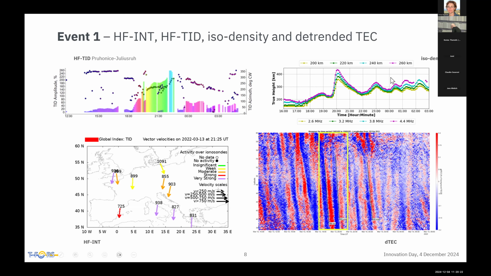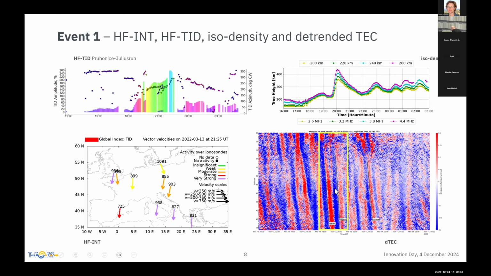Then here you have an example of the isodensity plot you can build looking at the different ionosondes. And again, around 21, so 9 p.m., you have this huge wave activity here that we recognize as large-scale TID. And independent data this time, the keogram based on the trended TEC. Sorry for the color, but there's a yellow box here representing the time period we are considering.